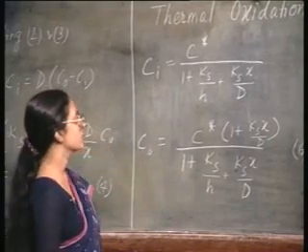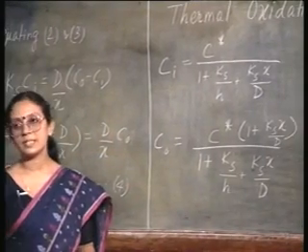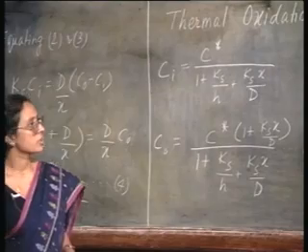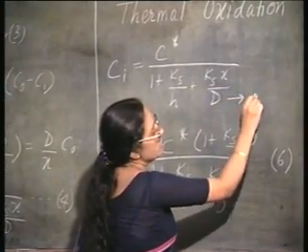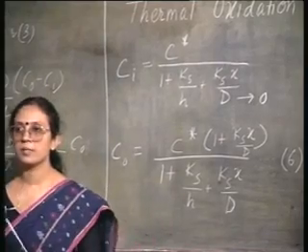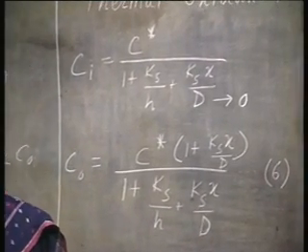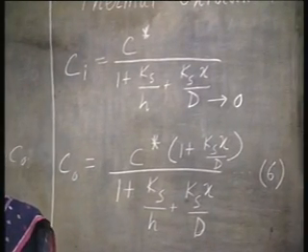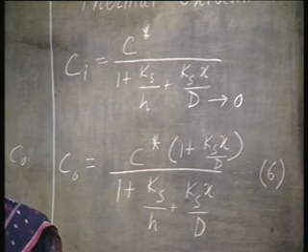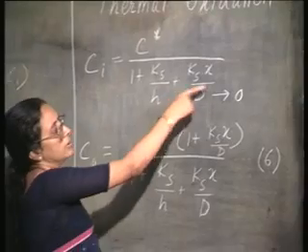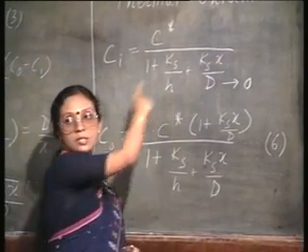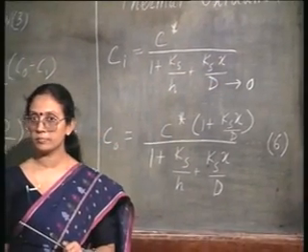We see two interesting cases. One case is, suppose D is tending to 0, that is my case number 1. If D tends to 0, then what happens? If D tends to 0, then this denominator becomes a very large quantity.